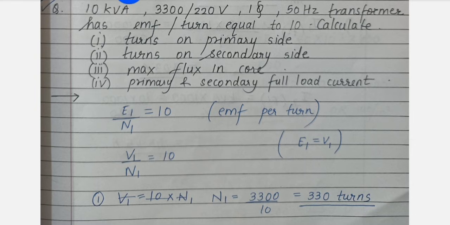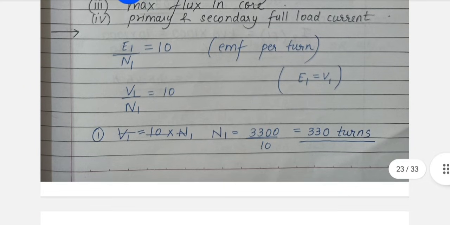So E1 upon N1 is equal to 10, then V1 by N1 is equal to 10. We all know E1 is equal to V1. Then with the help of this formula, we can write N1 is equal to 3300, that is the voltage, upon 10.